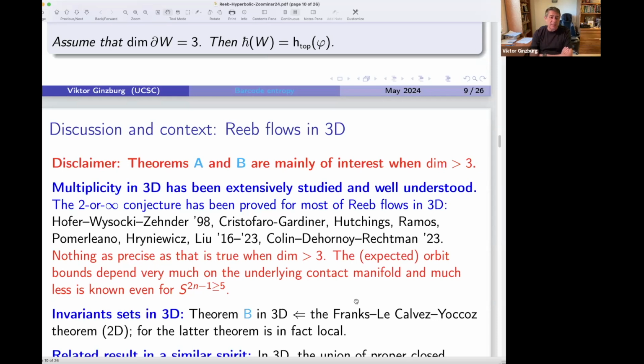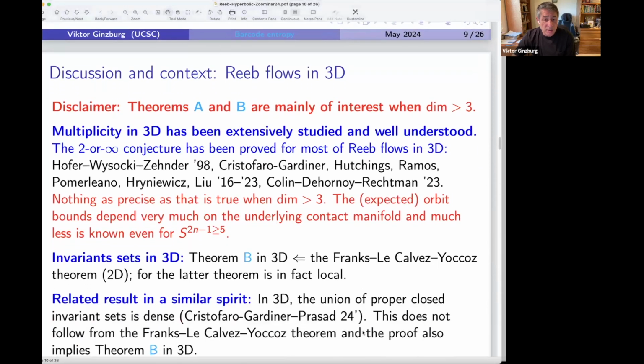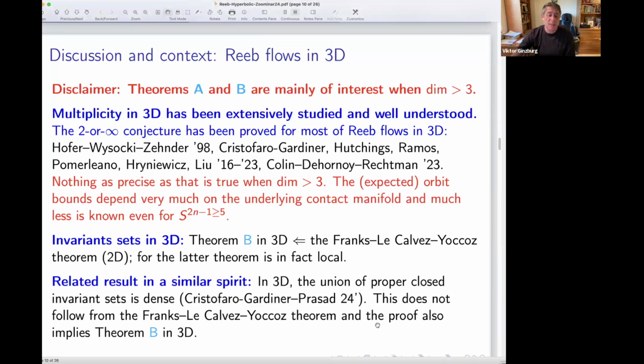As for invariant sets in 3D, our second theorem, in fact, follows from Franks's and Calvez-Yoccoz's theorem, because the result is, in fact, local. This is not obvious from Calvez-Yoccoz, but a later proof by Franks is local, and he already points it out. Also in 3D, there are related results of Christopher Gardner and Prasad.